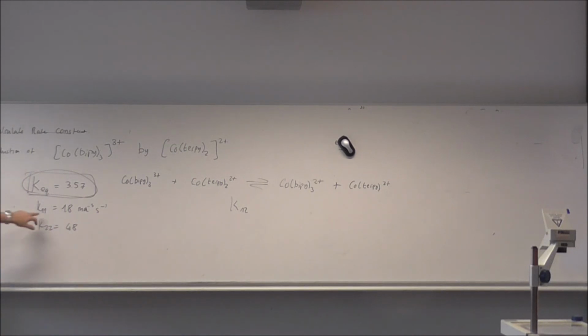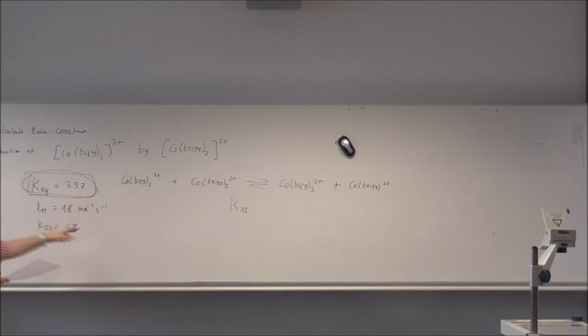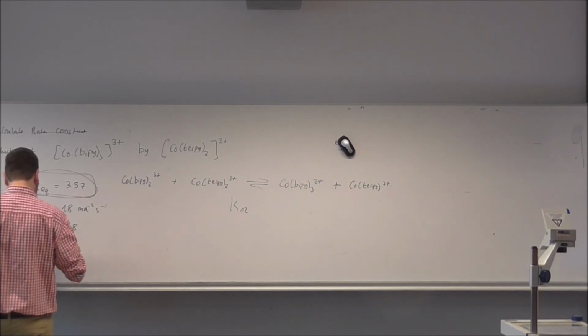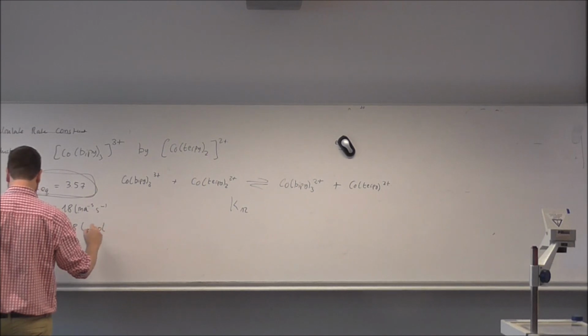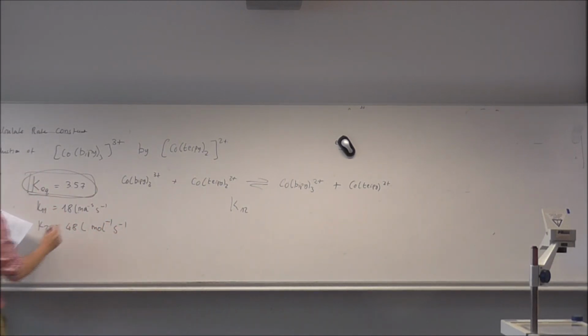You can determine the self-exchange rate constant of cobalt bipyridine 3+/2+ and of cobalt terpyridine 2+/3+, and you get values of 18 and 48. The units are liters per mole second.